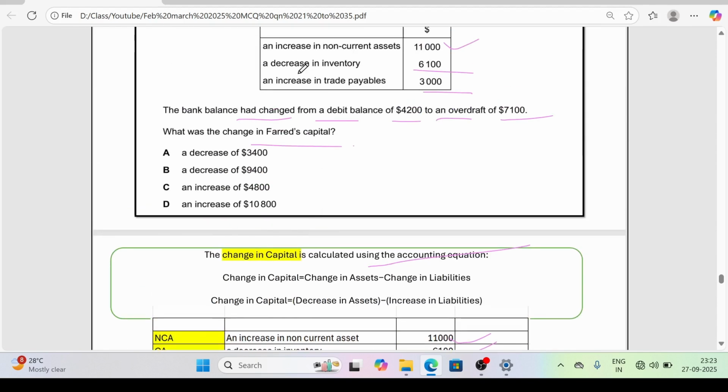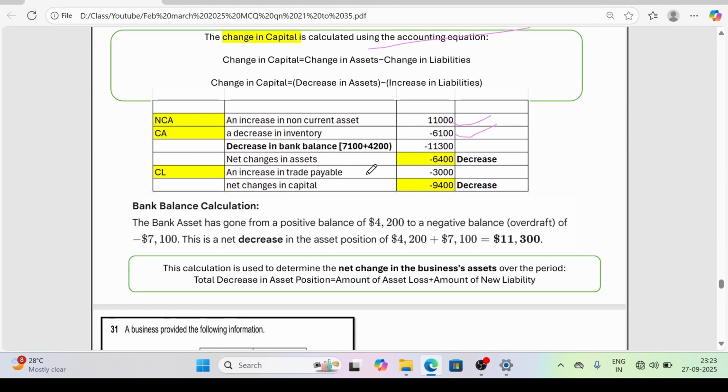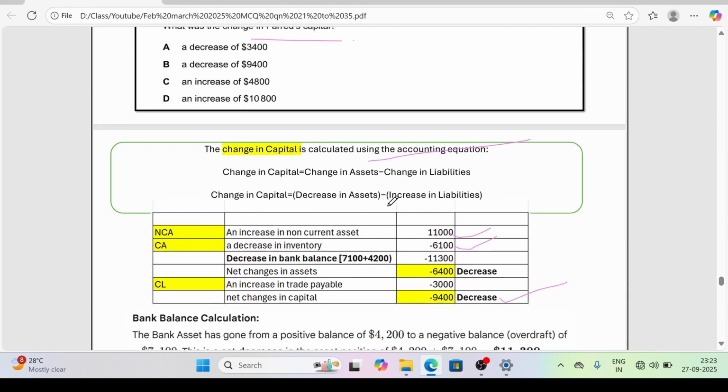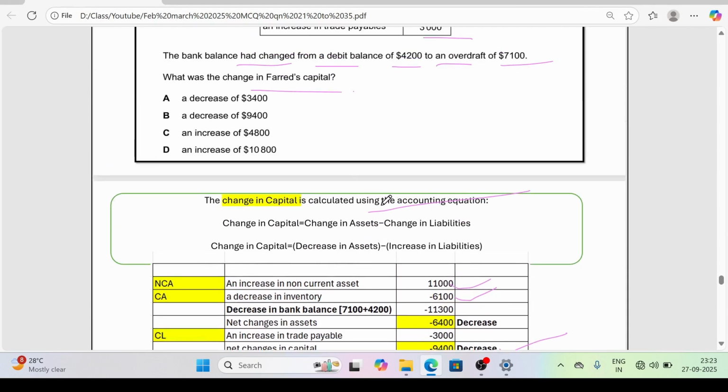Then current liability, here 3,000. So liability increased, so we have to minus it. That means 6,400 minus 6,400 and minus 3,000, totally minus 9,400, a negative figure, decreased. The net change in the capital, 9,400, is the right answer.